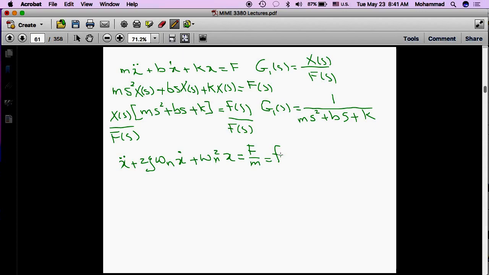So find the transfer function g2 of s between x of s and capital F of s, which is the applied force. So find a transfer function between displacement as output and force as input. I'll give you 30 seconds.